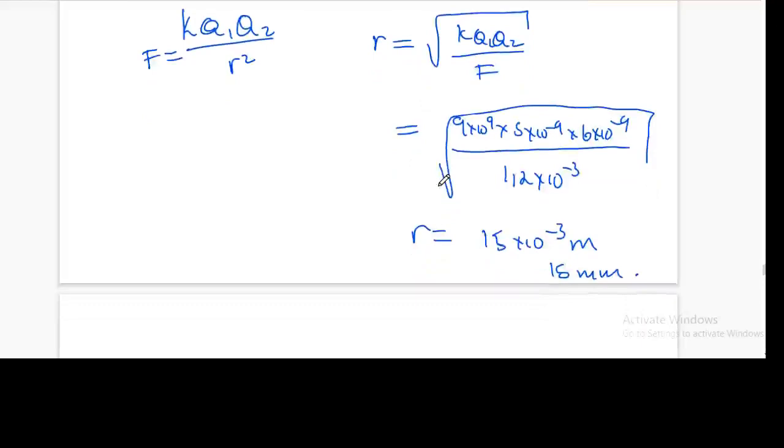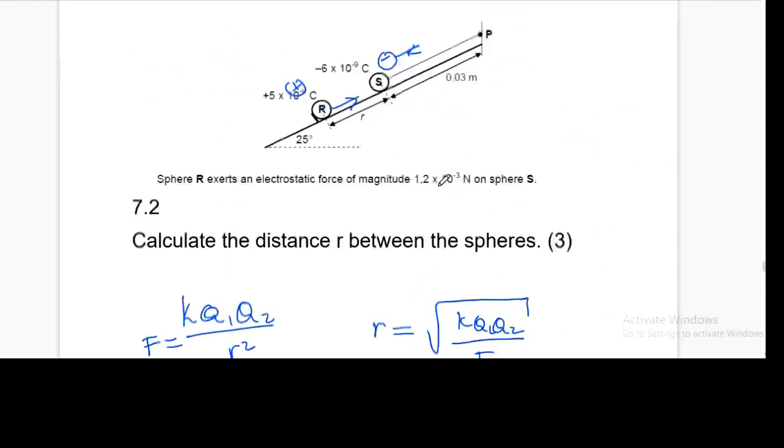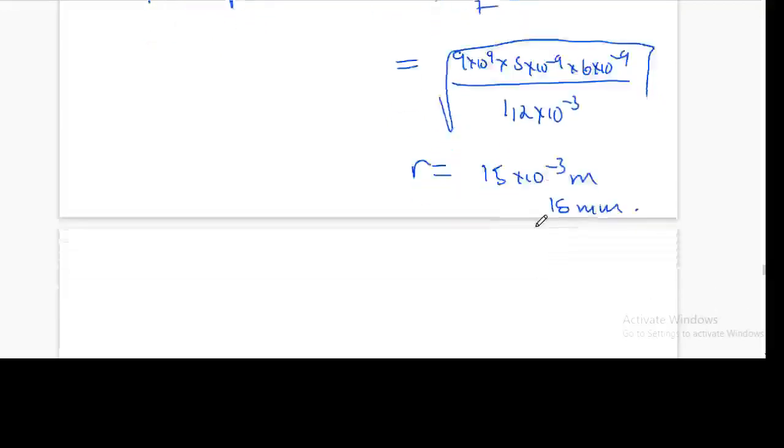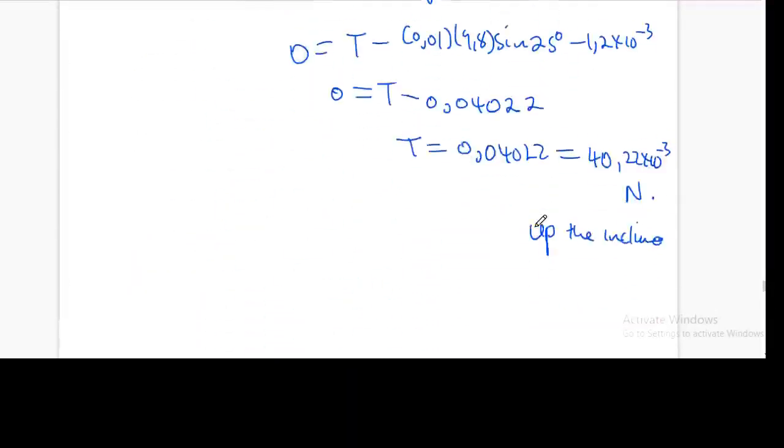How much is R? It is 0.015 plus 0.03, so 0.045 distance.